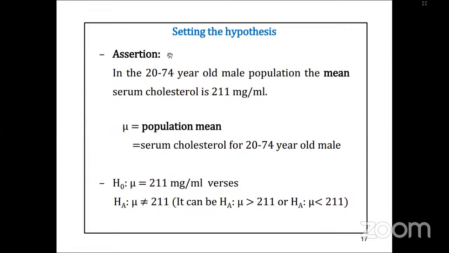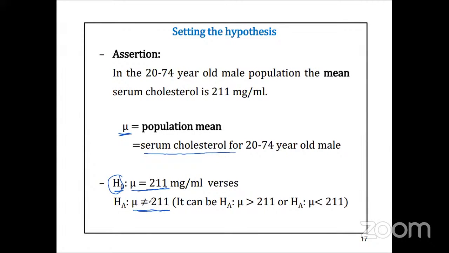One more example: suppose in a 20 to 74-year-old male population, the mean serum cholesterol is 211. Okay, so this is my guess, or what I'm suspecting. If you define serum cholesterol as the mean parameter, then in the null hypothesis H naught, you are testing that mu is equal to 211, and your alternative hypothesis is mu not equal to 211.